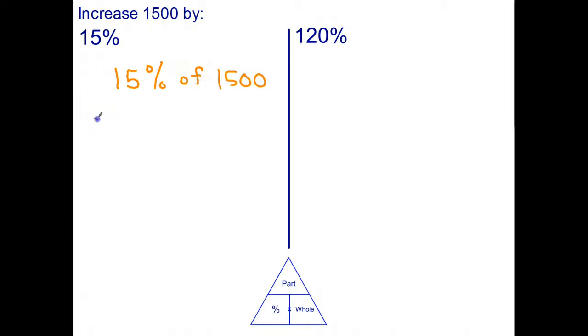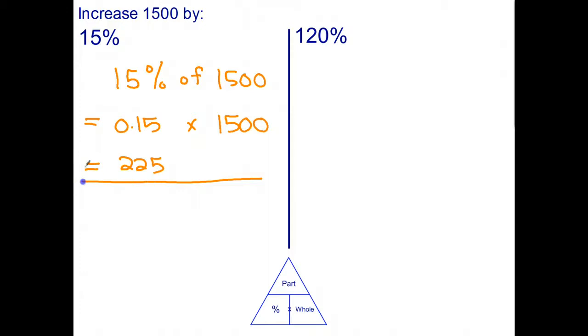That's what I'm trying to find. Now that's the percent written as a decimal times the whole amount. And I'm going to use a calculator to work that out. 0.15 times 1,500. And the increase is 225.